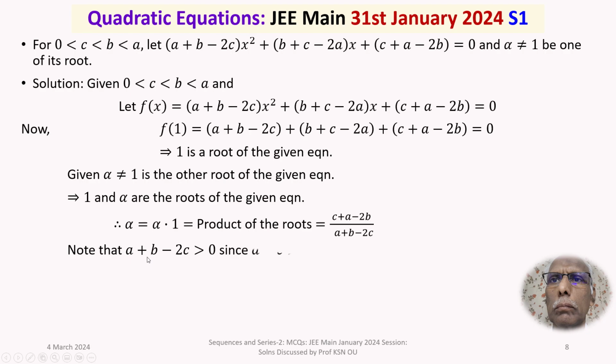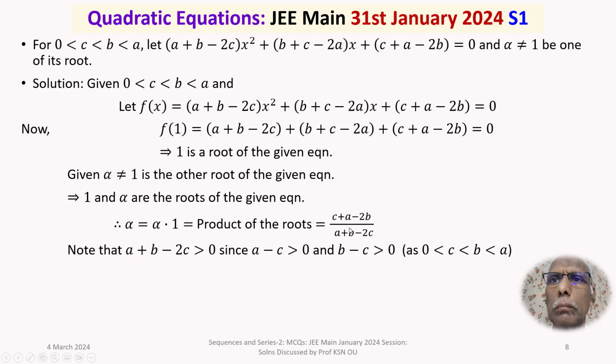Note the denominator, A plus B minus 2C, which you can split as A minus C plus B minus C. A minus C is greater than 0 because C is less than A, and B minus C is greater than 0 because C is less than B. Therefore A plus B minus 2C is also greater than 0.